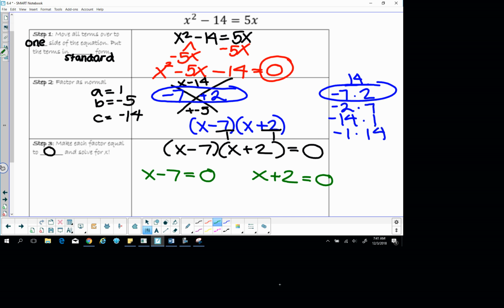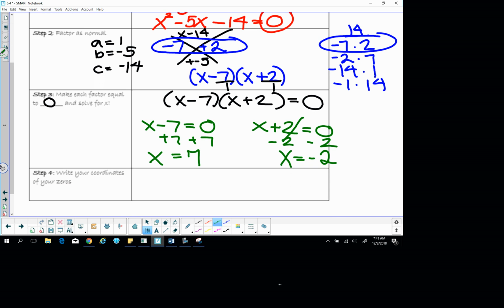This is the only new part, besides moving it over. How do I get x by itself here? What's the inverse of minus 7? Add 7. And you end up getting x equals 7. Over here you would subtract 2 on both sides, and you end up getting x equals -2.